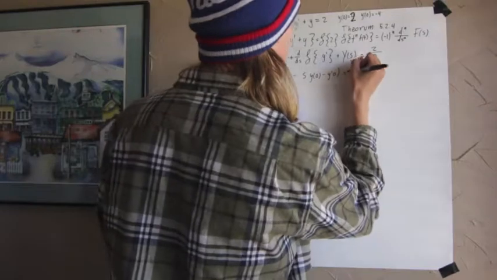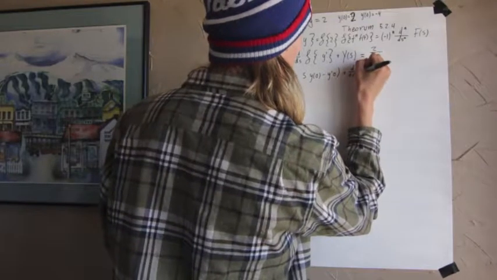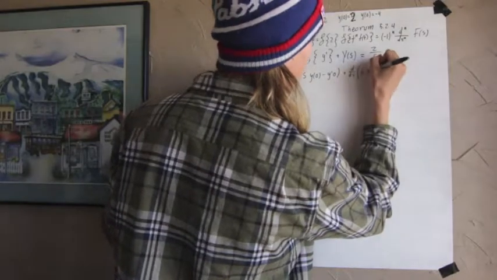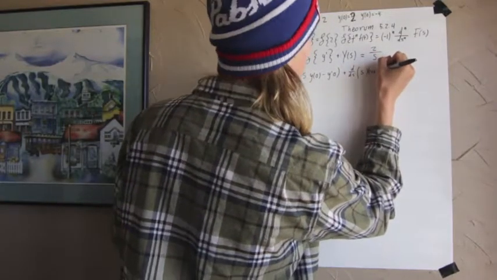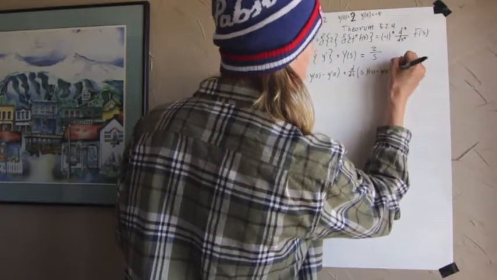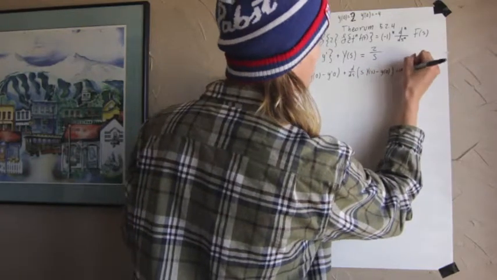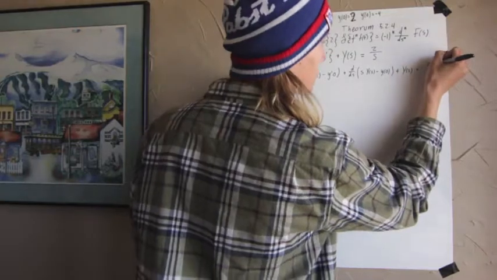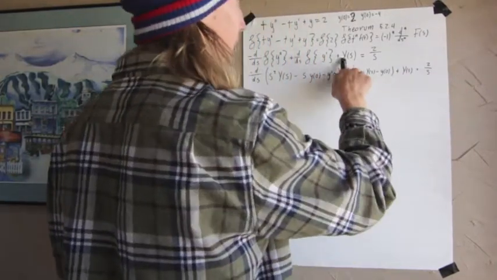And then plus d ds of this one, s Y of s minus y of 0, plus capital Y of s, equals 2 over s. So those are the terms that we had over here.